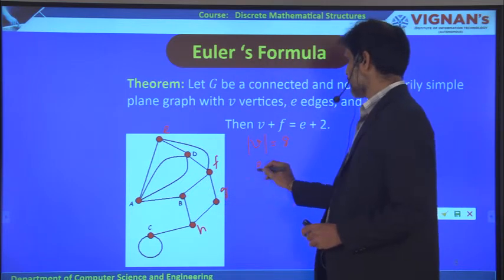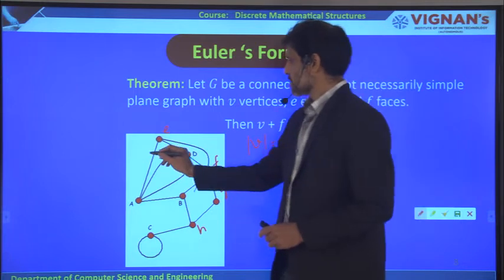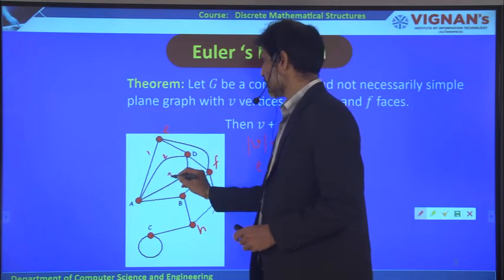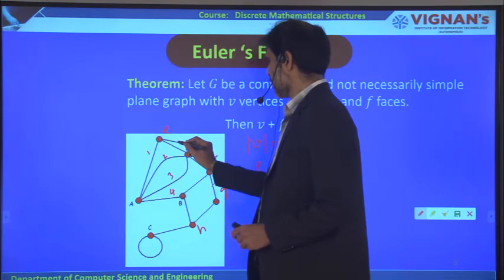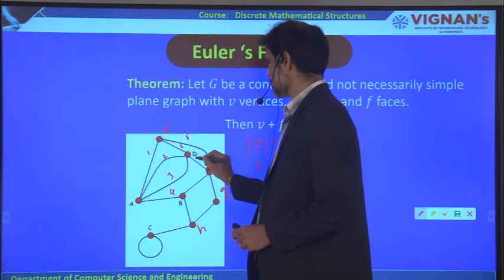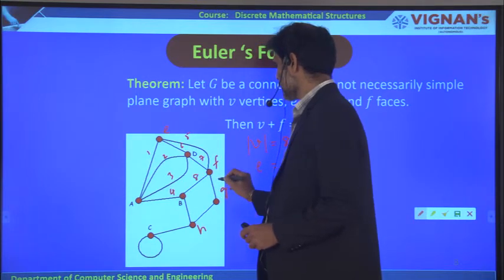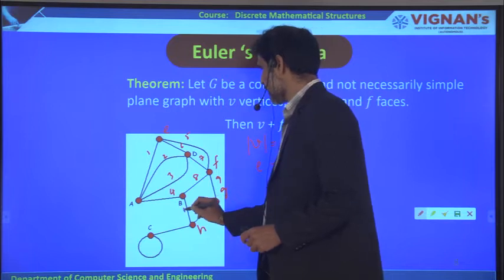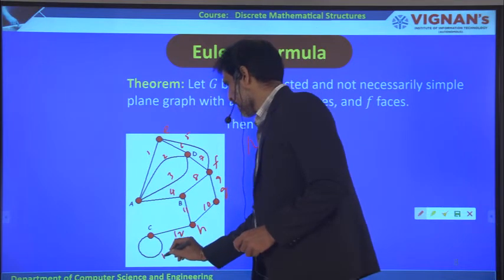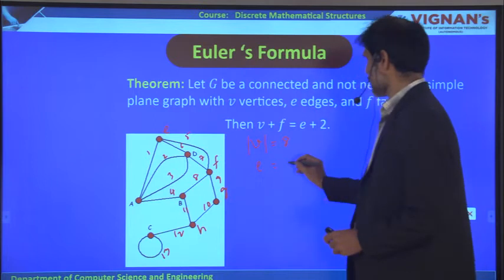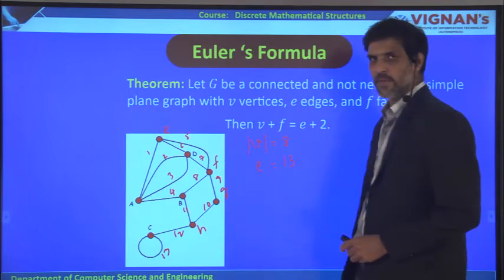Similarly, the number of edges: 1, 2, 3, 4, 5, 6, 7, 8, 9, 10, 11, 12, and finally the loop edge. Totally 13 edges are there.